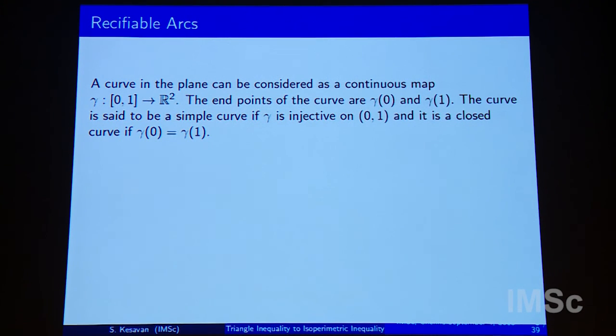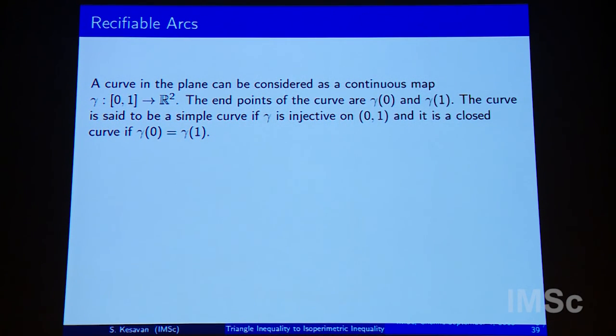What is a curve? A curve is nothing but a continuous function gamma from, say, a finite interval [0, 1] into the plane. The endpoints of the curve are gamma 0 and gamma 1. These are points in the plane. The curve is said to be a simple curve if it does not intersect itself. That means this function is a one-to-one, or injective, function.